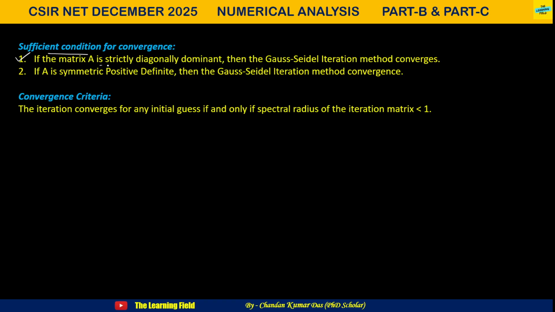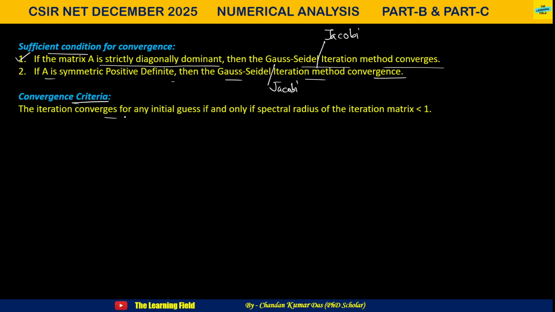If the matrix is strictly diagonally dominant, then the Gauss-Seidel iteration method or the Jacobi iteration method also converges. If A is symmetric positive definite, then the Gauss-Seidel iteration method converges, or similarly the Jacobi method also works. And what is the convergence criterion?